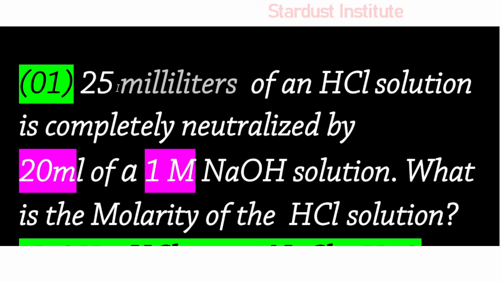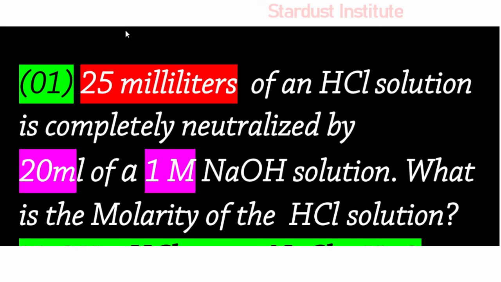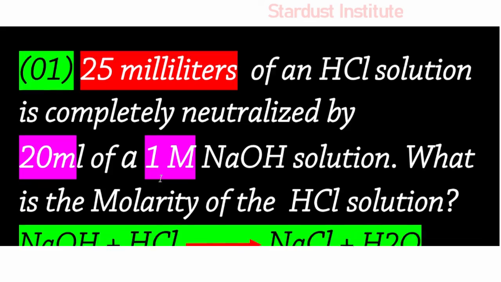We know the volume of the HCl solution, 25 milliliters. We don't know the molarity of the HCl solution. We know the volume of the sodium hydroxide solution, 20 milliliters, and we know the molarity, 1 m.